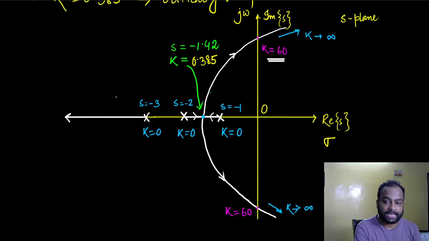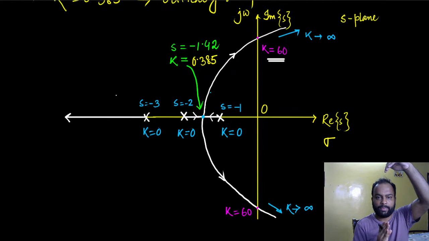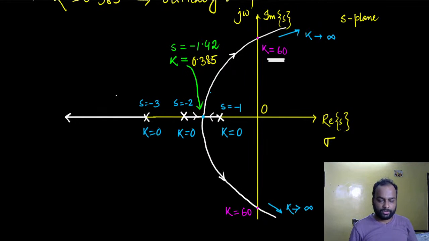Someone is asking, does that mean that there are no other possibilities for a breakaway and break-in point? Actually, if somehow the roots are meeting this way, they would break away this way. Similarly, for break-in points, if the roots are meeting this way, they would break in this way. All these things are to preserve the other rules, right? All the rules that you study here are complementary to each other.